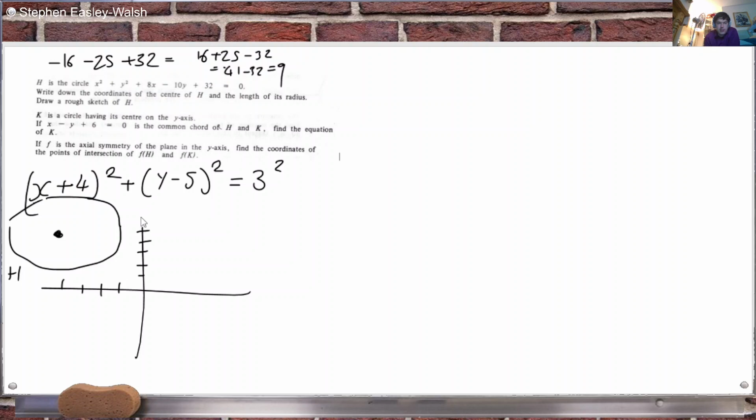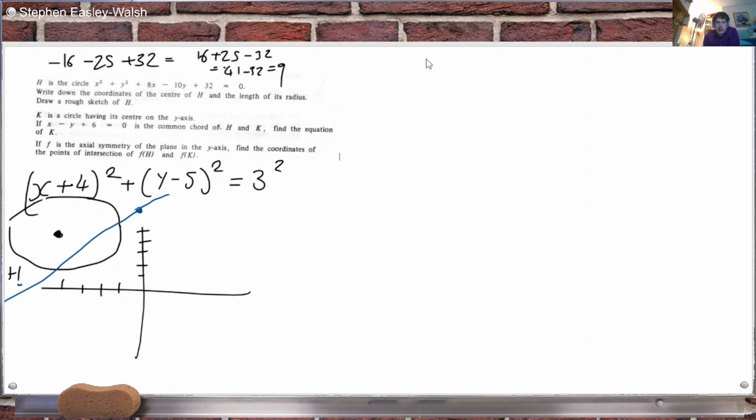So yeah, that's like the line there. So there's some point here where this can be a common chord.